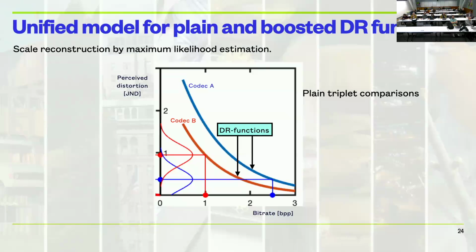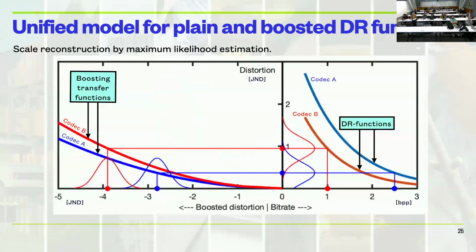But we want to have a more fine-grained differentiation here. That's why we have the boosting. And the boosting comes in on the next slide. So here, this is the same picture extended to the left. And now here we have the boosted versions of the same stimuli.